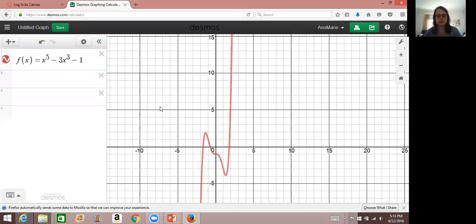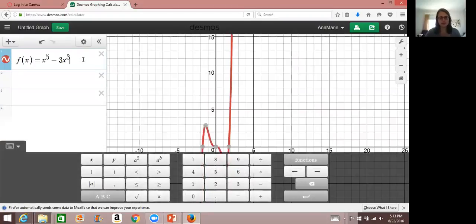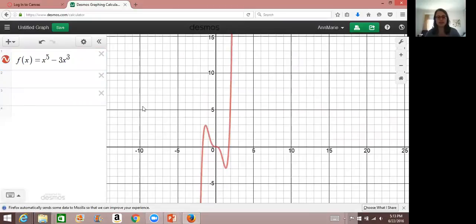This is an example of a function that is symmetrical about the origin. Now, the reason I know this is because let's take a look at a point.